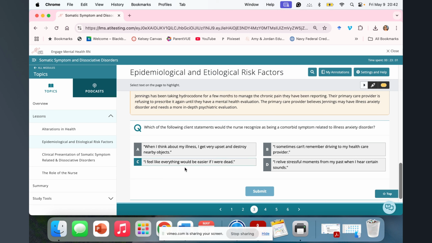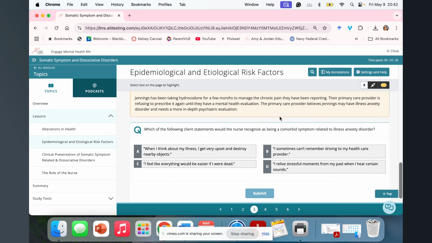I feel everything would be better if I were dead. That also is a tough statement. And I relive stressful moments from my past when I hear a sound. That also could be a PTSD kind of thing. I am going to say C.